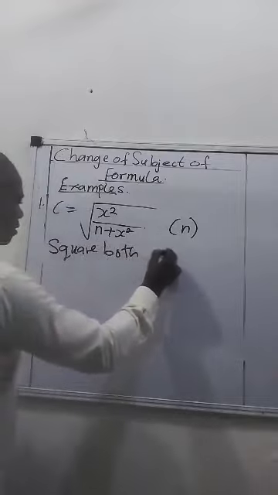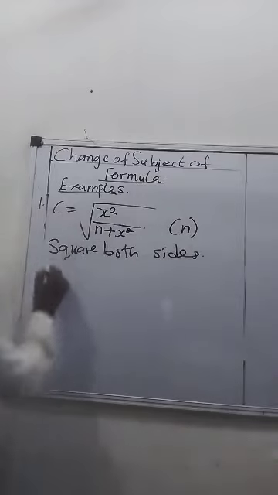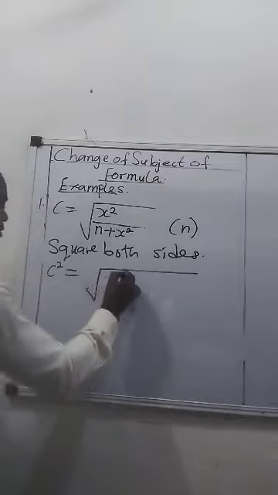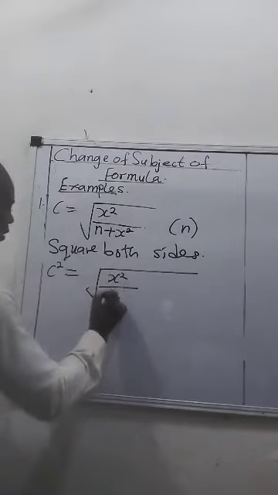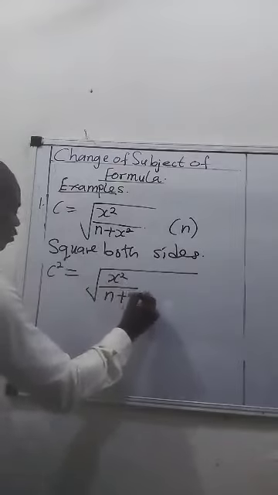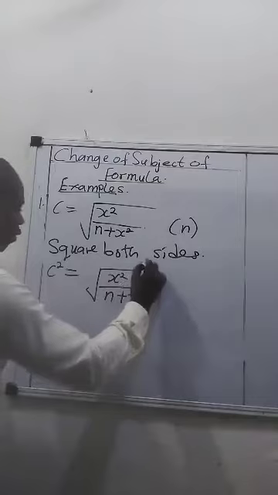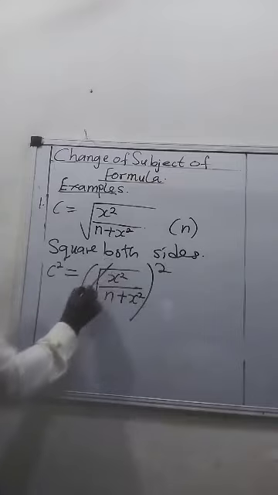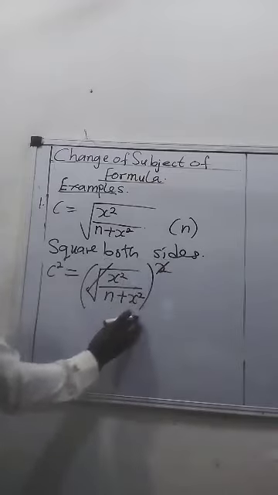I'm going to put square here is equal to square root of x squared all over n plus x squared. Then I will put the square there like this, so that this square root will cross out this square.